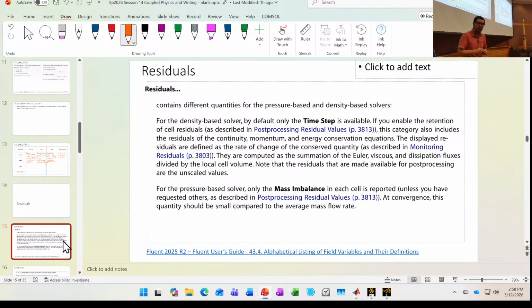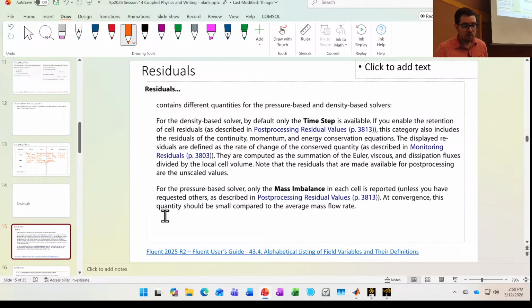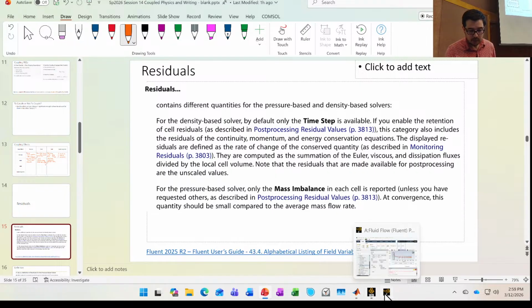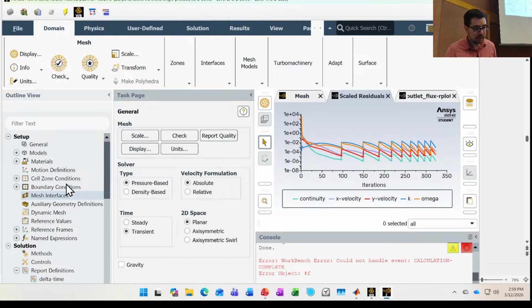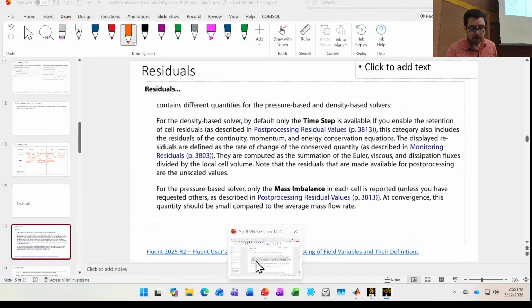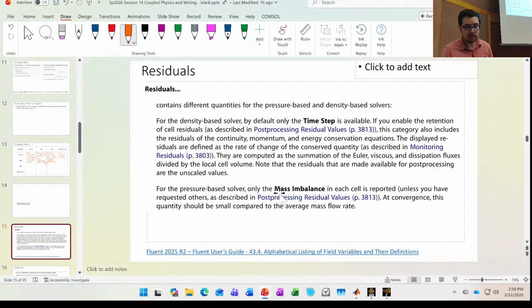And they're available. So we were doing a pressure-based solver. If you go back in here, at the very beginning, we're doing a pressure-based solver. It's not that important for what we're talking about here, unless you have requested others.